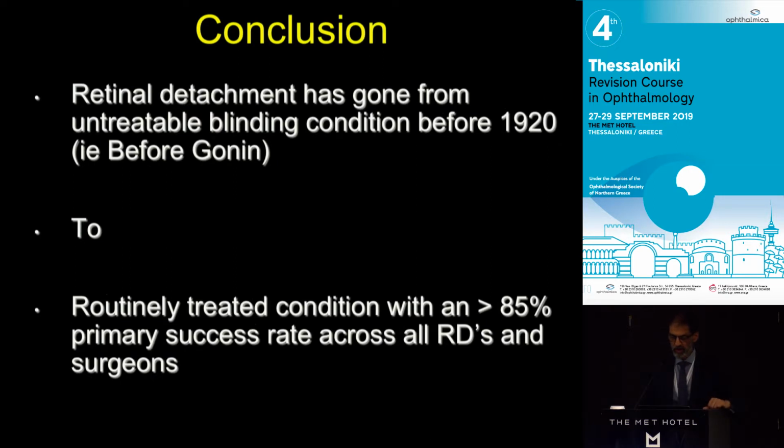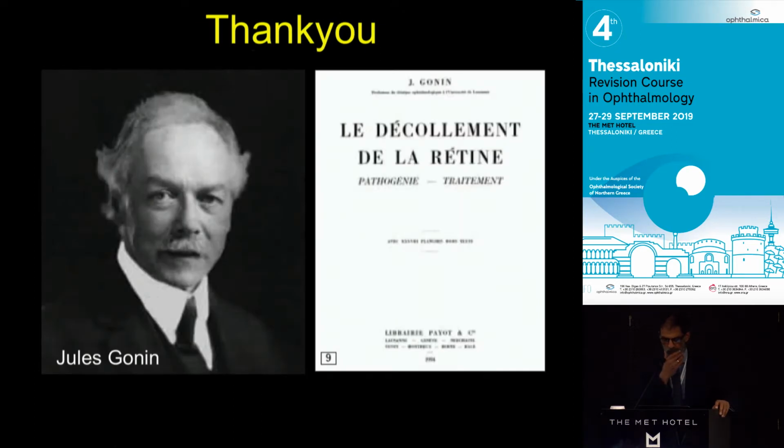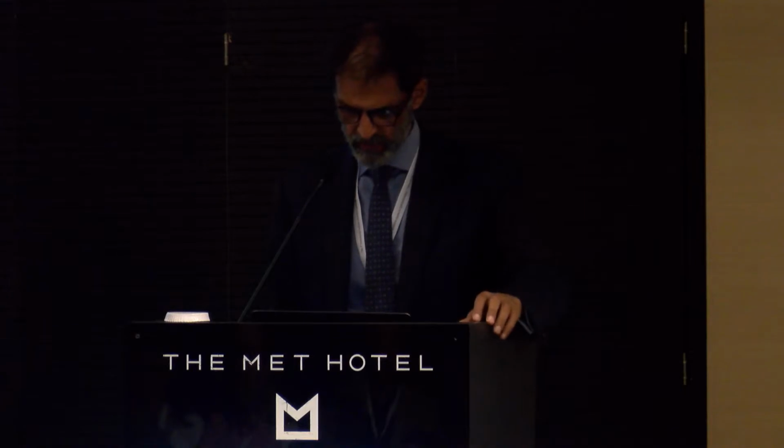So retinal detachment has gone from being an untreatable blinding condition before 1920 and possibly well into the 60s and 70s, but it's now routinely treated with a greater than 85% success rate in well-trained subspecialty. So of course we leave thanking not the speaker, but thanking Jules Gonin, and next year I'm sure we'll all be celebrating the 100th anniversary.